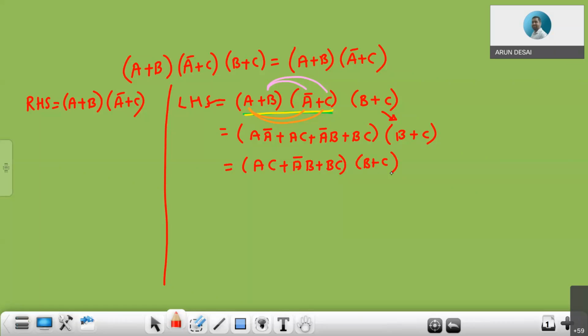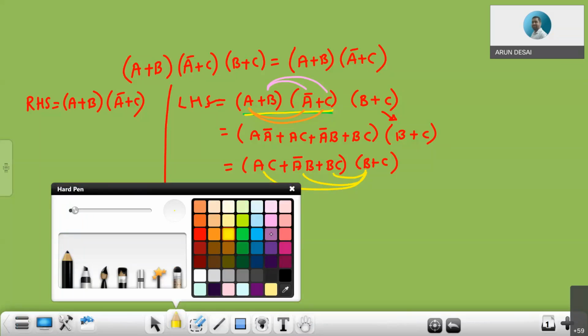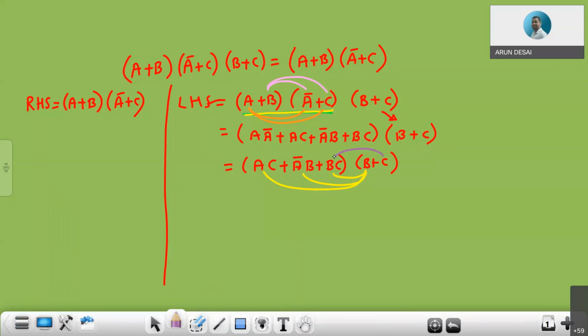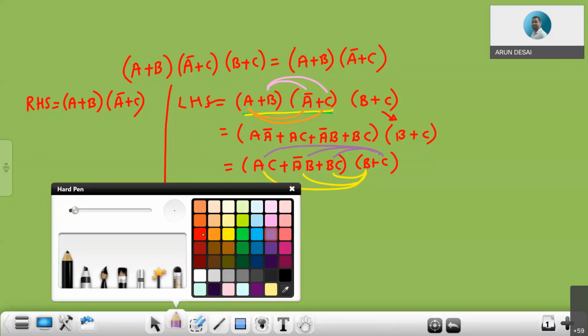Now what you need to do in this case is multiply B with all terms, and again multiply C with all terms, right?